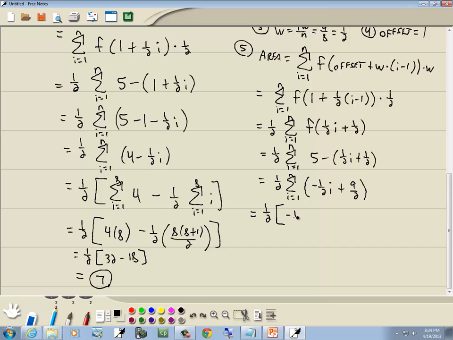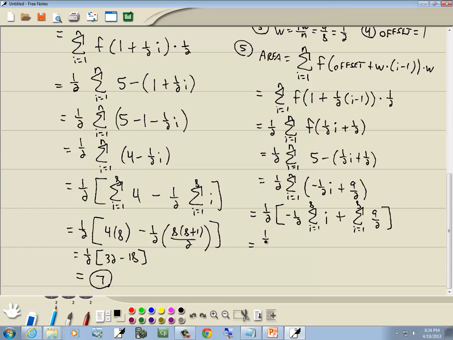So we're going to have negative 1/2 summation I equals 1, and n was 8, of I, plus the summation from I equals 1 to 8 of 9/2. So again, to split this into two separate summations. And the negative 1/2 that's in front of our I, put it in front of our summation.